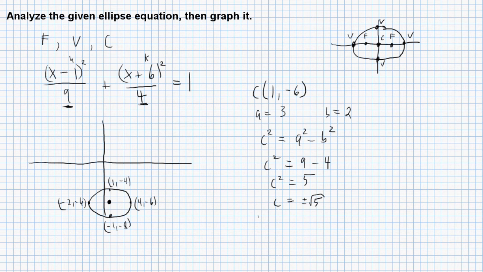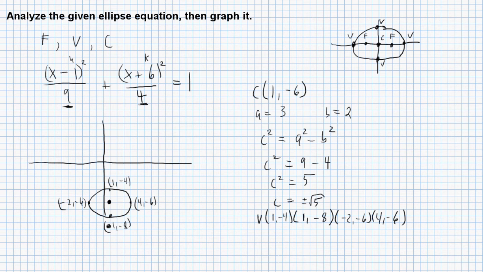The vertices are at 1, negative 4, and 1, negative 8. That, of course, is positive 1, not negative 1. 1, negative 8. This is negative 2, negative 6. And then this is 4, negative 6. So those are the 4 vertex points. There's always going to be 4 vertex points with an ellipse.